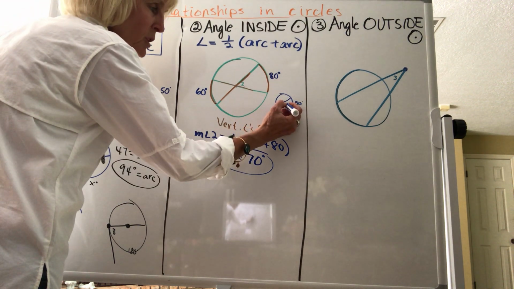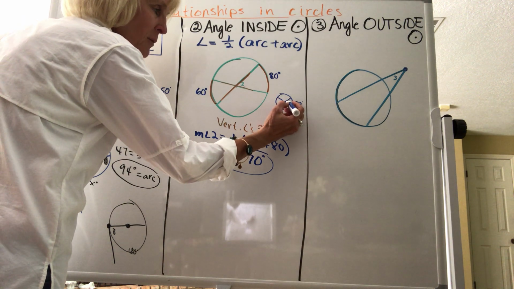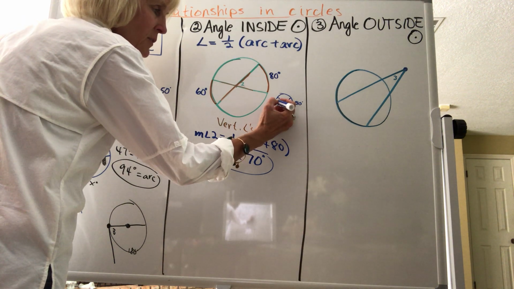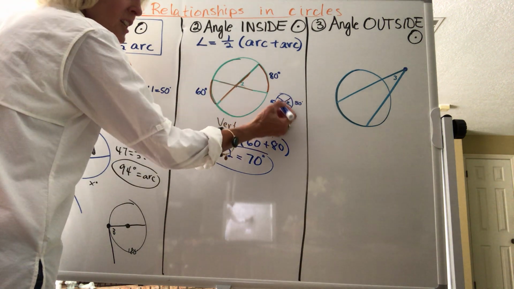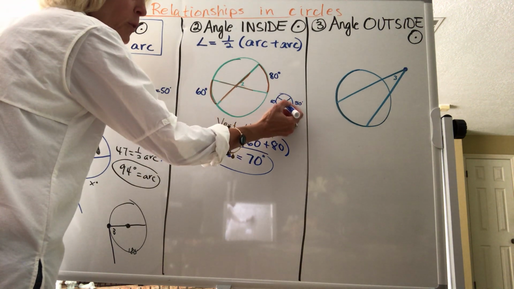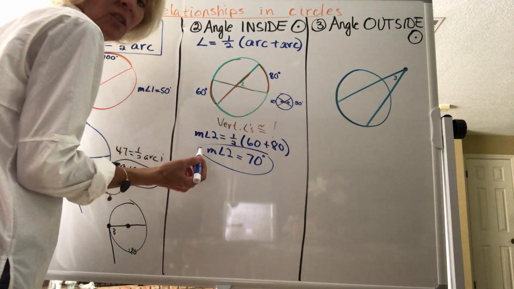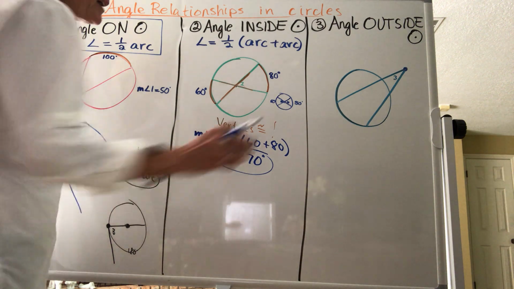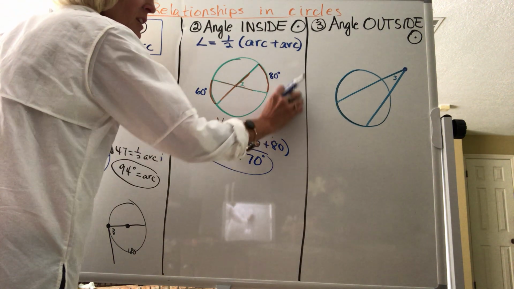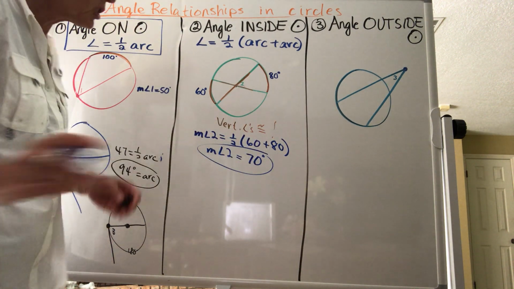If I just drew the other two radii, I would say this is 50, this is 50, this is 50. So it still works if you want to continue and say, I need both vertical angles and I need the arcs on either side. I could still say that's half of 50 plus 50, but who would want to do that? So we don't typically do that. The central angle we just know is equal to its arc.